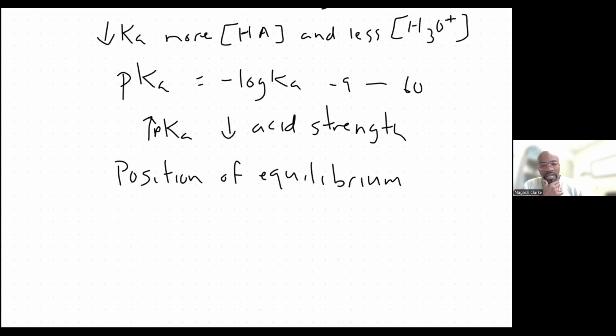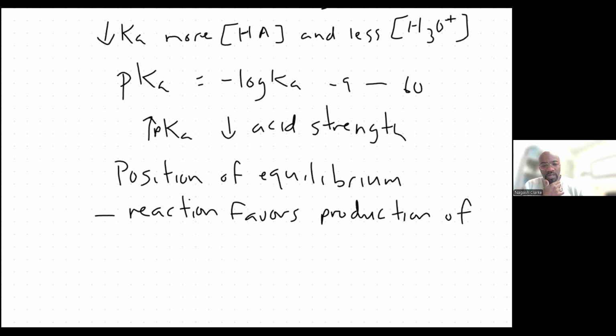So the reaction favors production of the weaker, in other words, more stable, species.